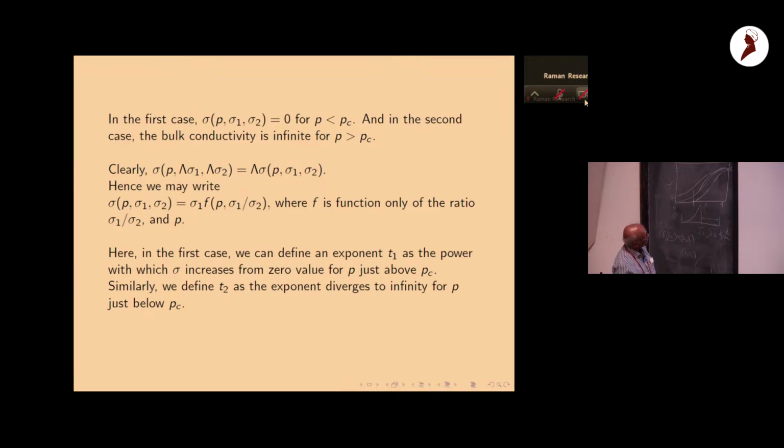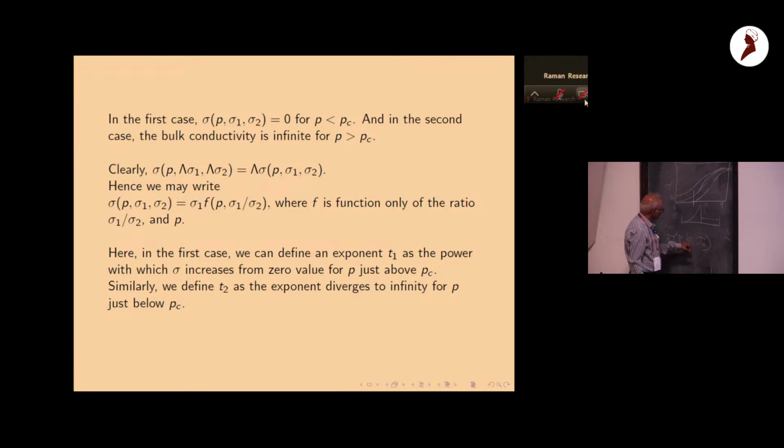So in the first case, sigma is 0 for p less than pc. In the second case, bulk conductivity is infinite for p greater than pc. But there is another property which I can also immediately see without working very hard. Sigma is a function of p, sigma 1, sigma 2.